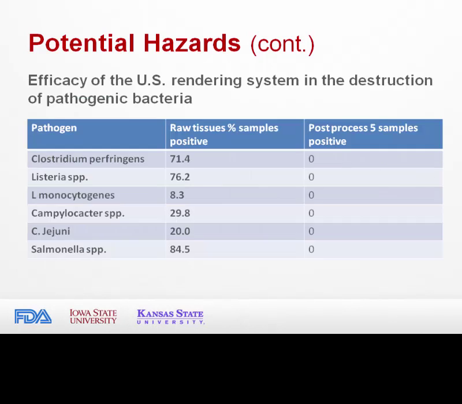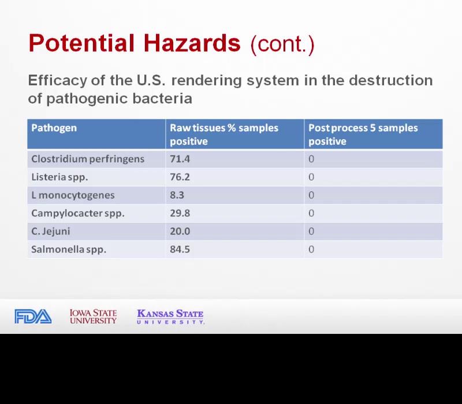This data from Truitt and others in 2001 demonstrates the success of the rendering code of practice and the importance of heat processing. A variety of raw tissue and post-process samples were collected from 17 different rendering facilities. The raw tissue samples had a very high rate of contamination for Clostridium, Listeria, Campylobacter, and Salmonella, but there were no positive samples after processing.